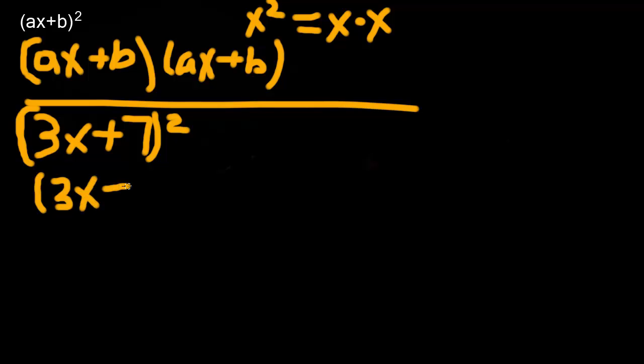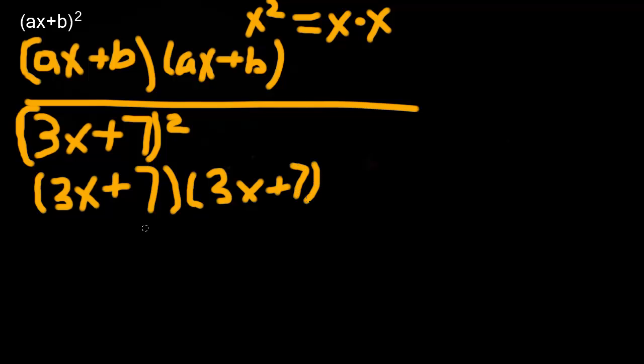We have 3x plus 7 times 3x plus 7. Now what we can do with that is, just as we did with ax plus b times cx plus d, I'm going to write it out for you in FOIL.